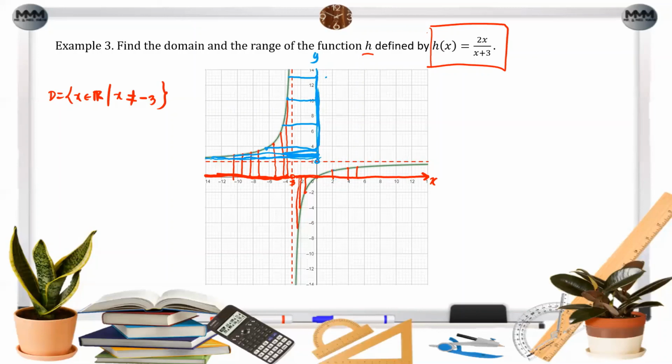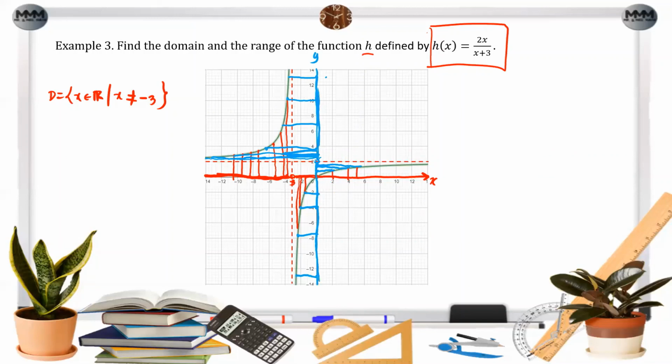If we have the point here, the value of our y is here. Point here, this is our y, and it will not touch 2. If we have a point on the graph, we have this value of y. As you notice, it starts here going down to -infinity.